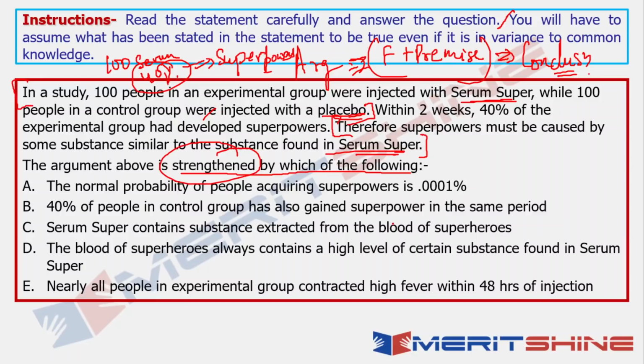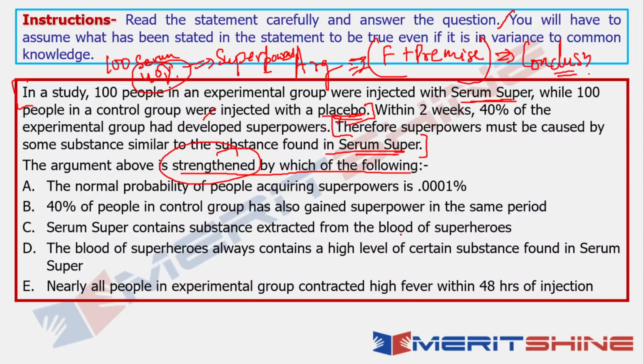Okay. So, how do we strengthen? If we give data or a premise that makes it stronger, that yes, a substance similar to what there was in serum super gives superpowers, then it would be a strengthening of the argument.